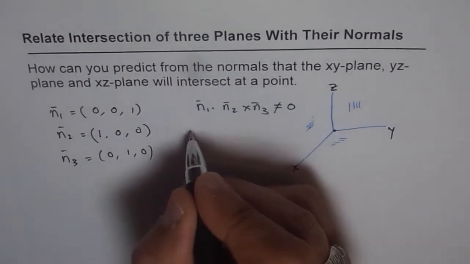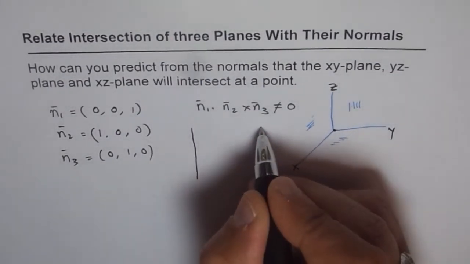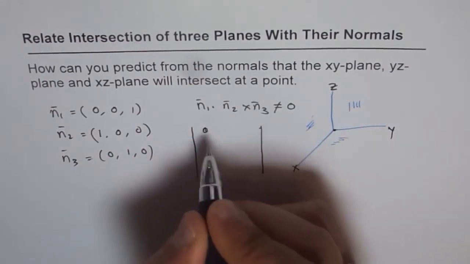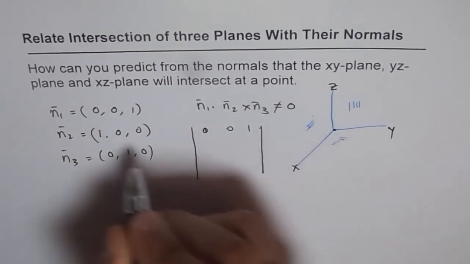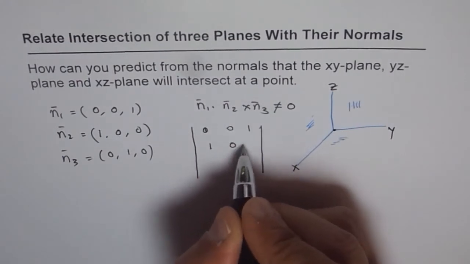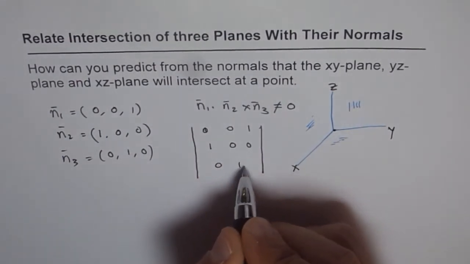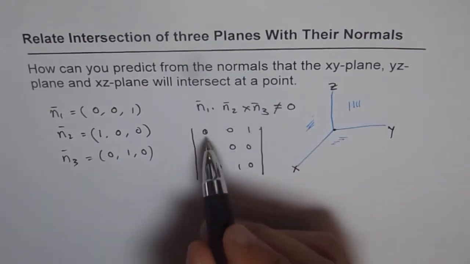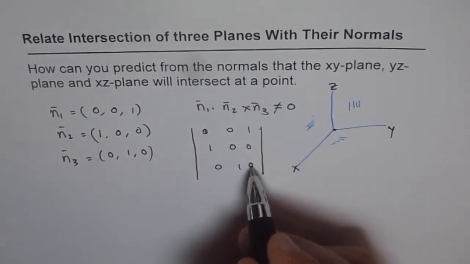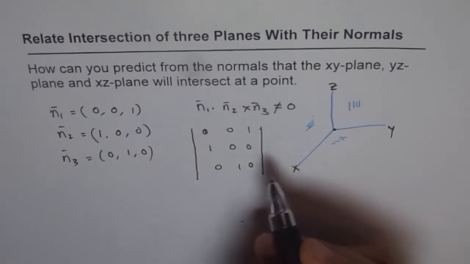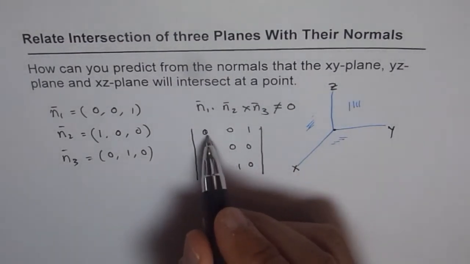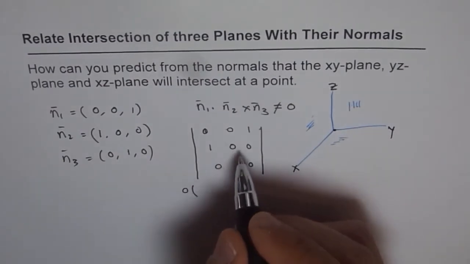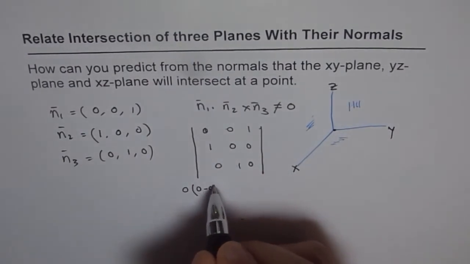Or let me just make this matrix so that we simplify this job. So n1 is 0, 0, 1, and this is 1, 0, 0, and then we have 0, 1, 0. If we do the scalar triple product, that means it is 0 times this, which is 0, correct? So it becomes 0 times something, which is 0, minus 0, right?